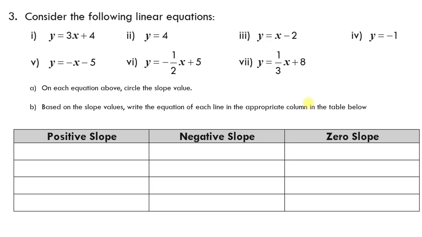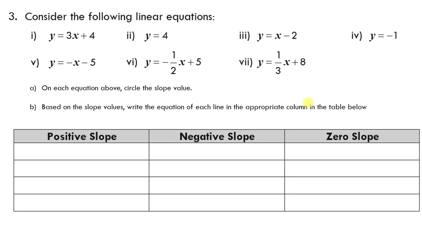Consider the following linear equations. So we're given a whole bunch of linear equations with numbers beside them, and we're asked to do a couple of things. First of all, we're asked to circle the slope value. So that's going to be the coefficient of the x value.